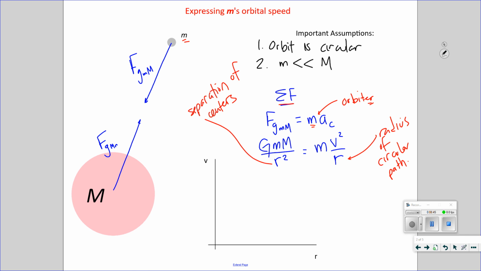Because here's the deal. In the Earth-Moon system, the difference in mass of the Earth and Moon is about 100 times, really 81 or so. What doesn't necessarily happen is, sorry, the Moon doesn't simply orbit around the Earth.